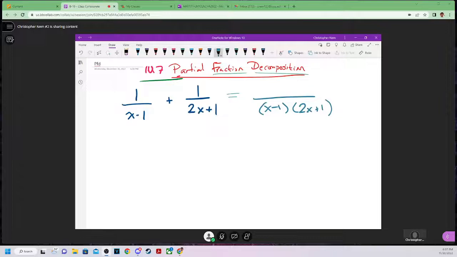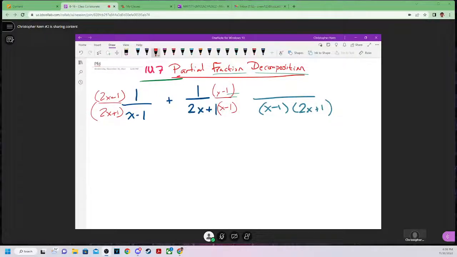Just get the products. That means we multiply the first one by 2x plus 1 over 2x plus 1. Doing so, I will have that least common denominator. And I'm going to multiply the second rational expression by x minus 1 over x minus 1.